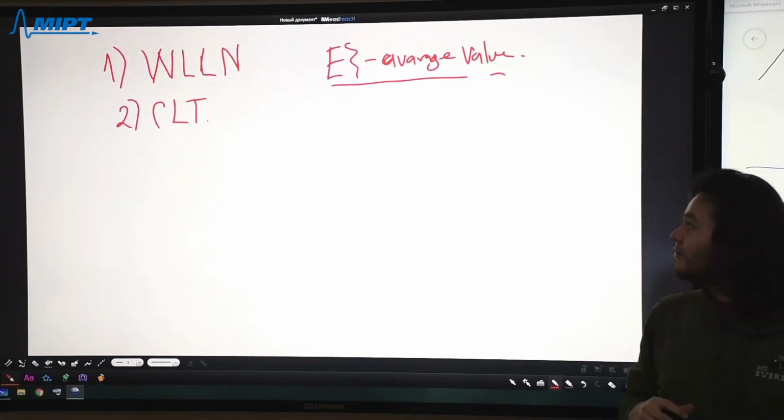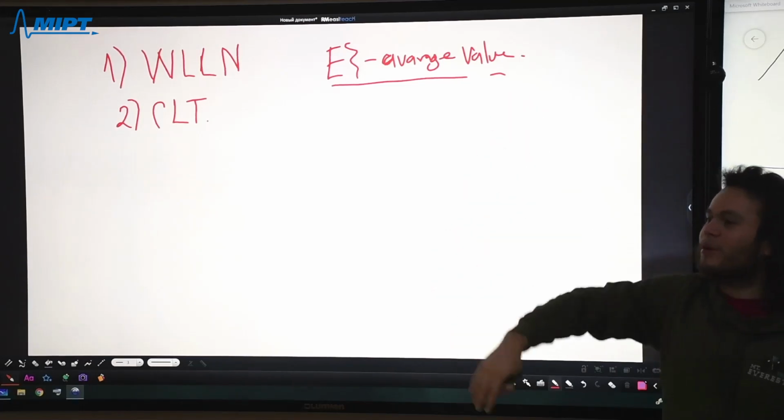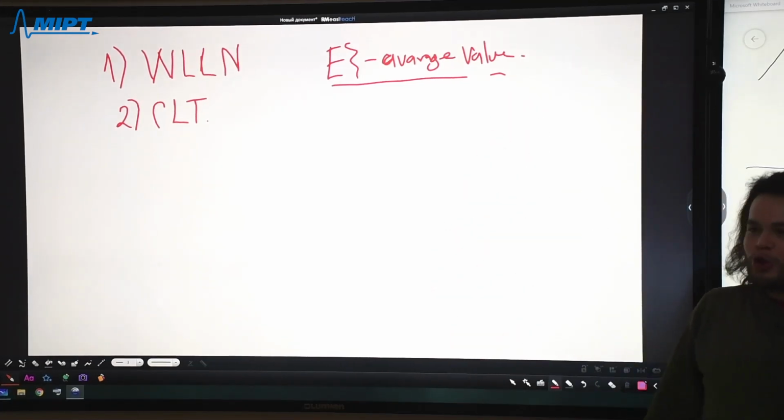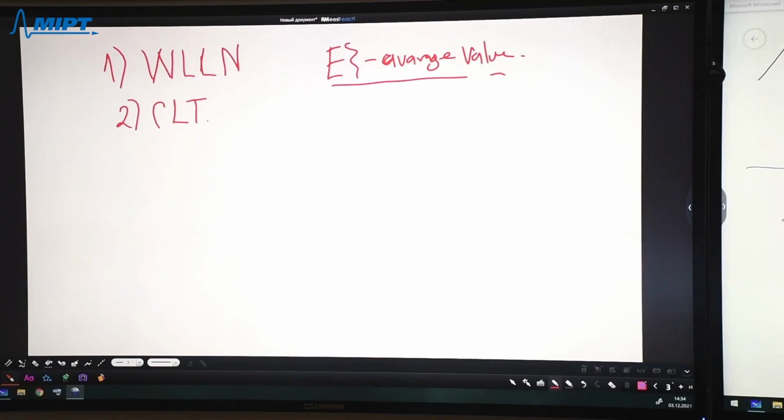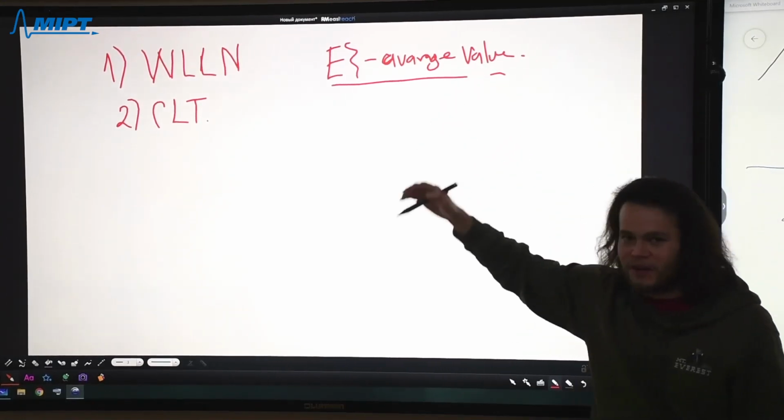This is very important, because why do we want to know the expected value, the variance, and so on, if the expected value is some function that doesn't make any sense in the real world? The expected value makes sense in the real world because it is the average value.